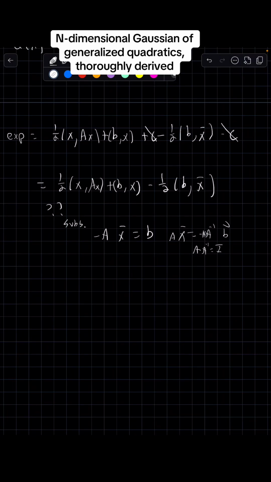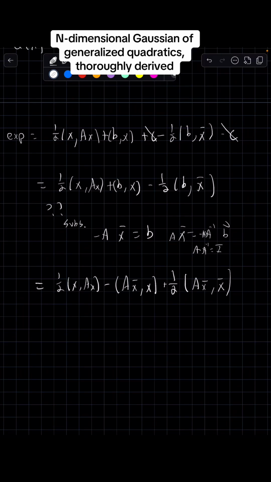So this rewrites to 1/2 x A x minus x bar A x minus 1/2, plus, because minus minus, x bar A x bar.